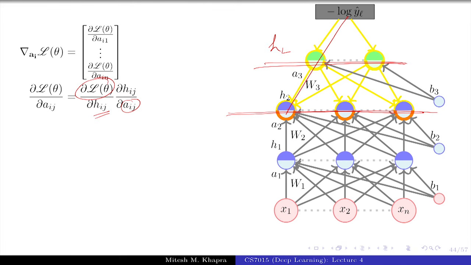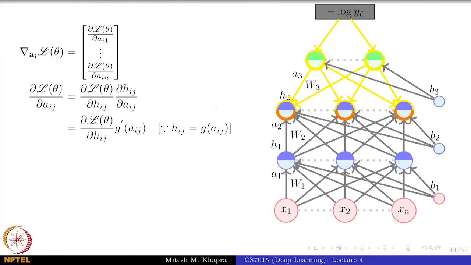The second one looks very difficult. Sorry. So h_ij is nothing but sigmoid of a_ij, or any non-linearity of a_ij. So I can just write this derivative as sigma prime, or g prime. Is this fine?